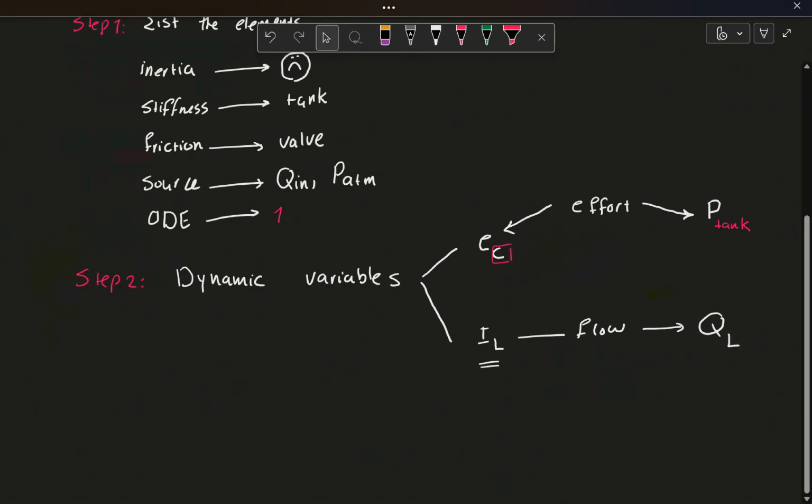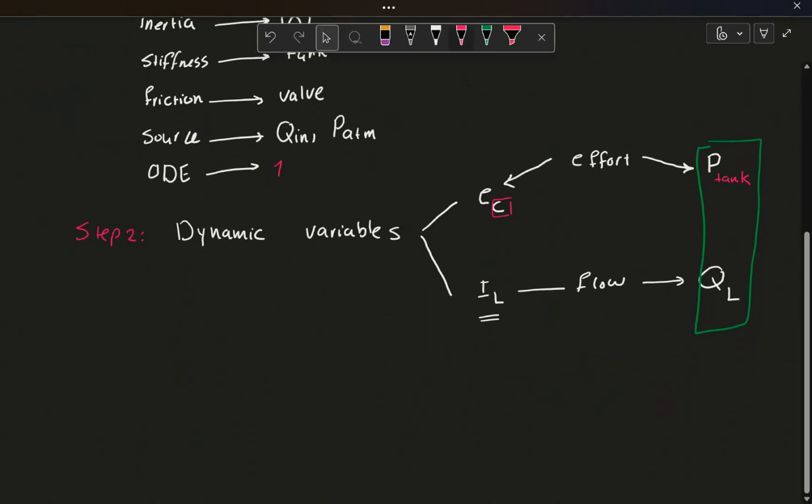So these two things are going to be your dynamic variables in the hydraulic systems. With this in mind, since I am neglecting the inductance in my problem, and I'm only considering the capacitance, which is the tank, then the pressure in the tank, which I show with P, is going to be my only dynamic variable.